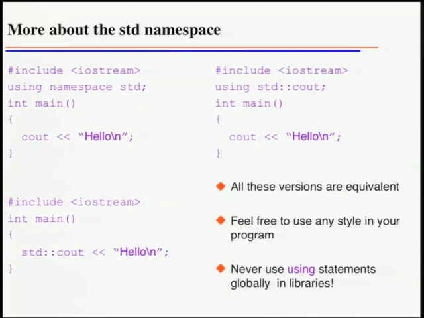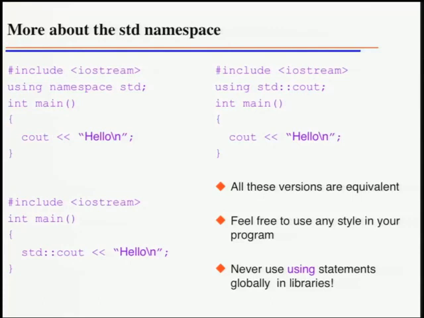Right. More about this standard namespace. Here we have three different versions of the same code, which all are equivalent. Up here, we globally say using namespace std. So from this point on, we can use cout and all the other stuff which is in the standard library without saying more specifically this is from the standard library.